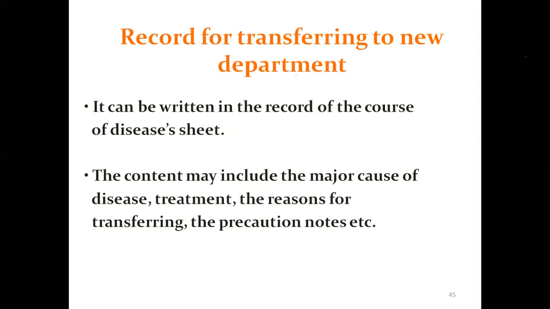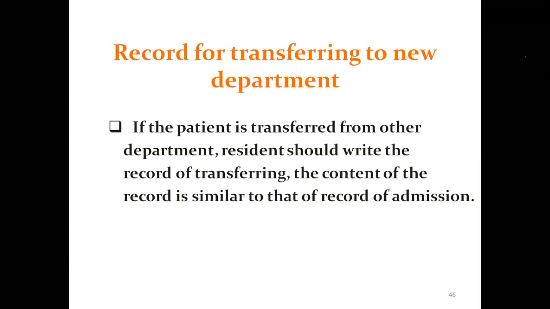So this is very important, that when you admitted some patient and later you realize that this patient does not belong to your department, at this time you have to write the reason for it and the treatment and all the course of the disease, so that the other department should know what you have done and why you have transferred this patient to the other department. If the patient is transferred from another department, the resident should write the record of transfer. The content of the record is similar to the record of admission.